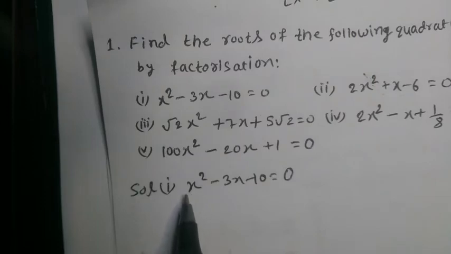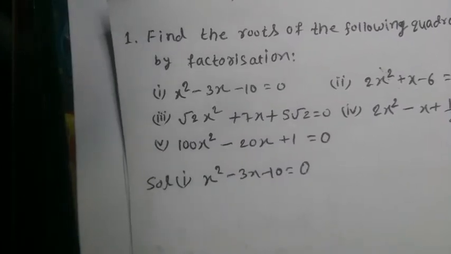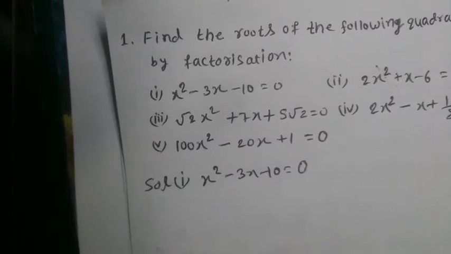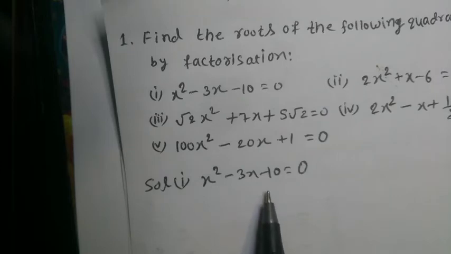So a is equal to 1, b is equal to minus 3 and c is equal to minus 10. Now we break the middle part into two parts such that the sum of the two numbers is minus 3 and the product is minus 10.